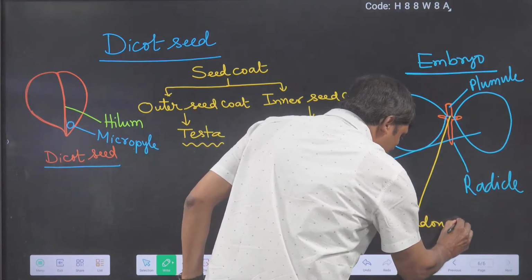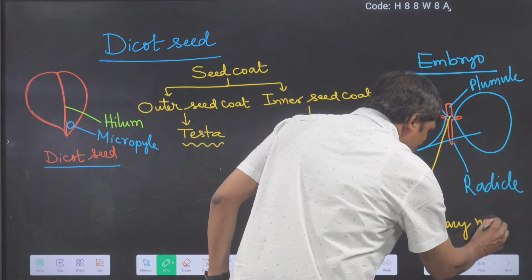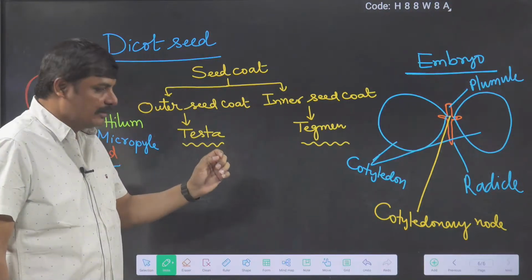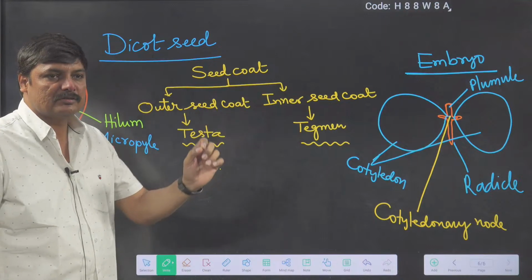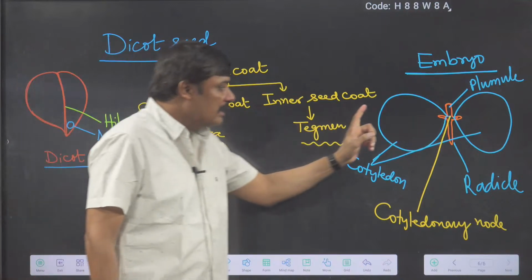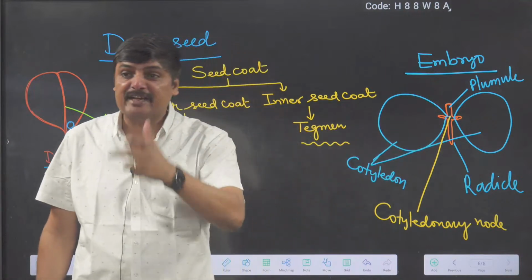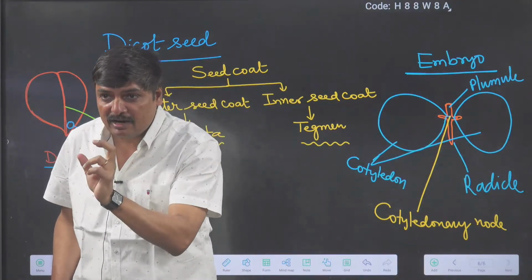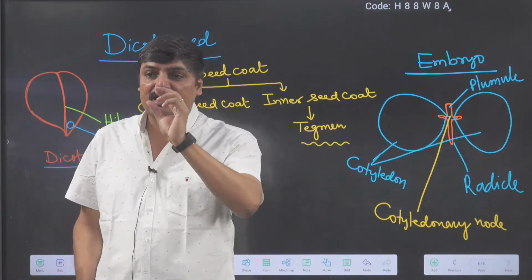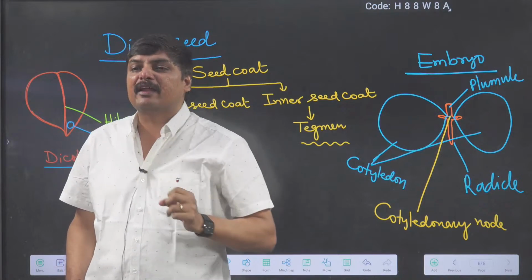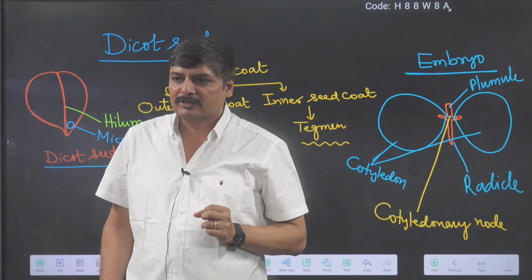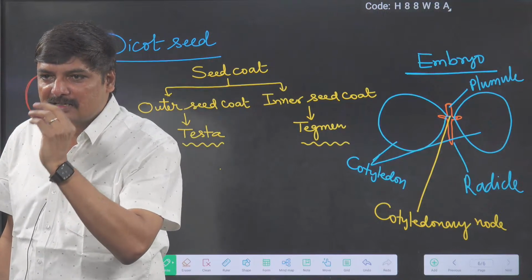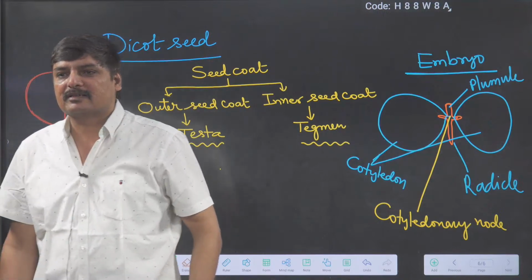The cotyledons are fleshy, large and thick in dicots generally because of storage of food materials.